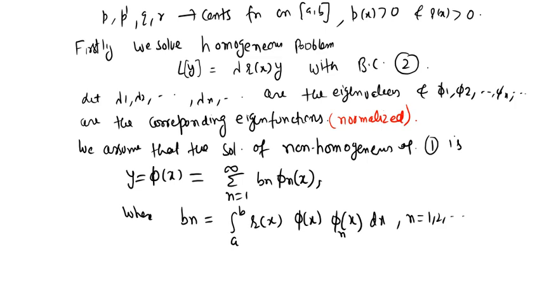As we know that eigenfunctions are orthogonal with the weight function r(x), so I have multiplied r(x) here. So these are the values of b_n, so put labels, this is equation number 3, say this is 4, say this is 5.